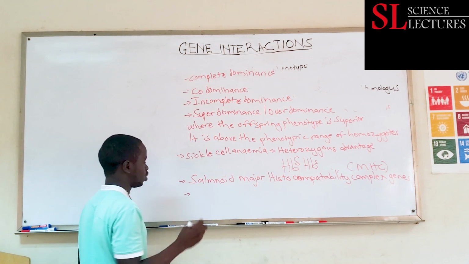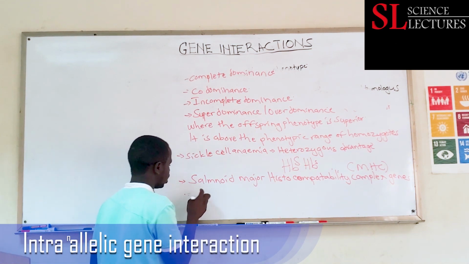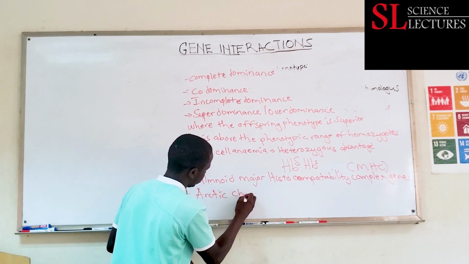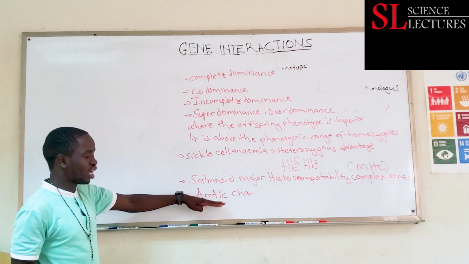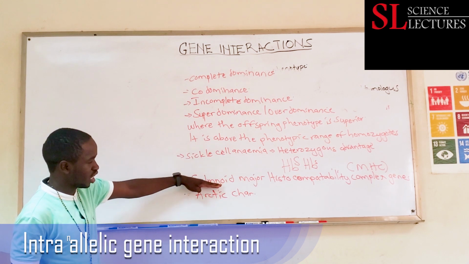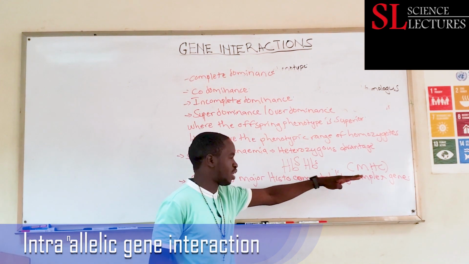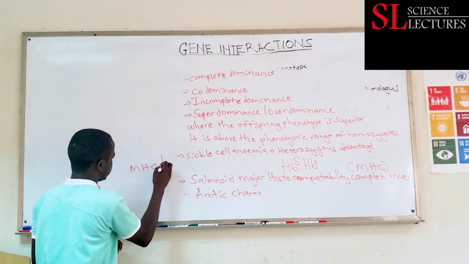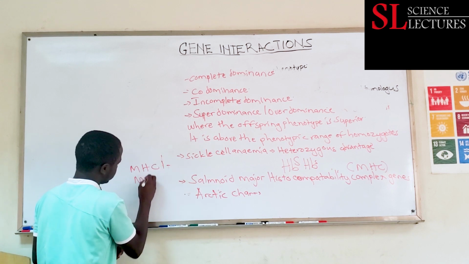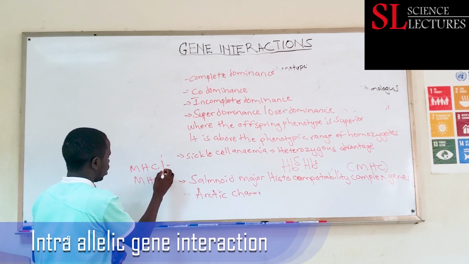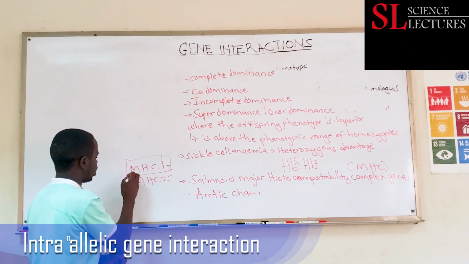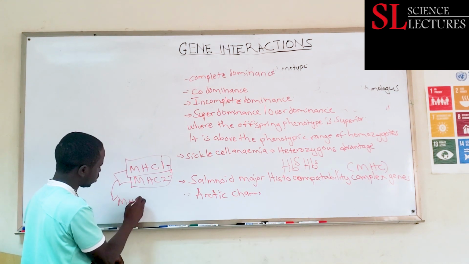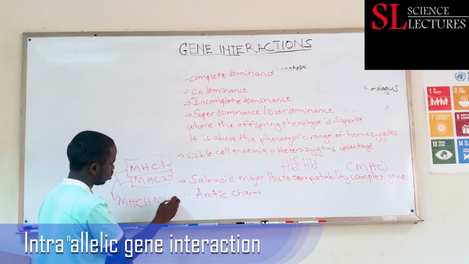When scientists used a specific type of fish under the salmonoid family, the Arctic charr, they crossed fish that had MHC1 genes with others that had MHC2 genes, and they obtained an individual that had both MHC1 and MHC2 genes.